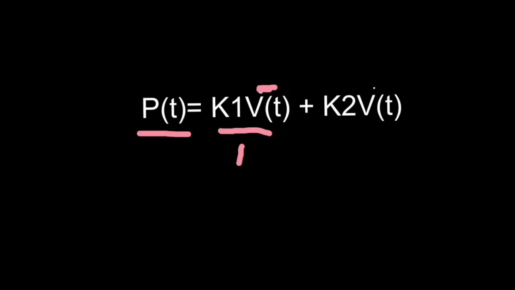This component is the elastic component of work of breathing, plus K2, and K2 is the resistive load or resistance. And this is multiplied by flow, and this dot was correct over here, over time. So that V is for flow over time.